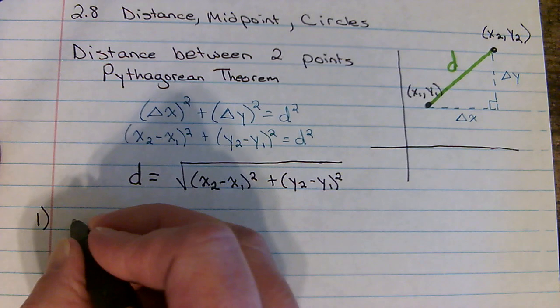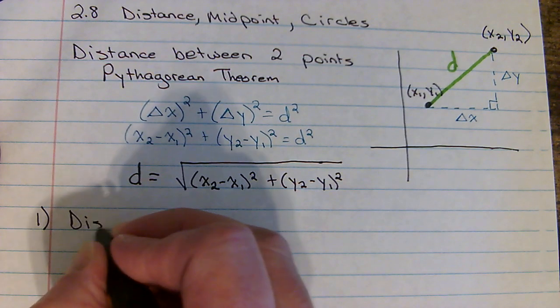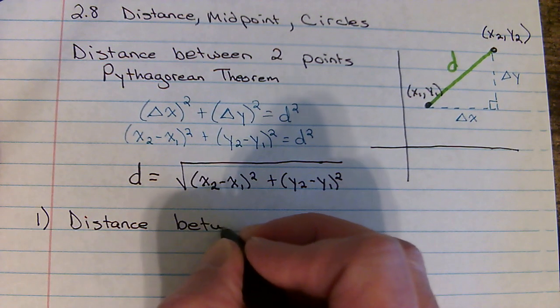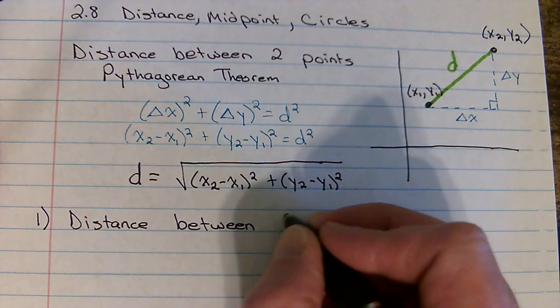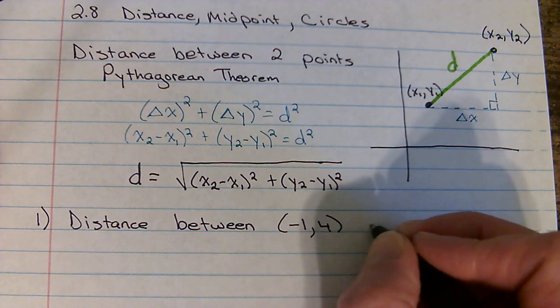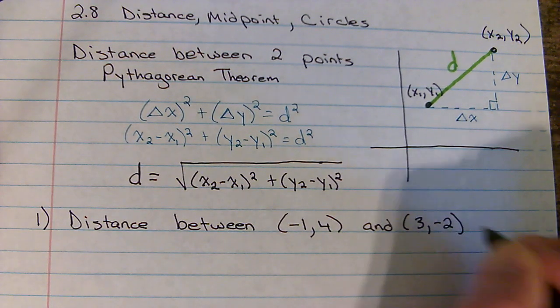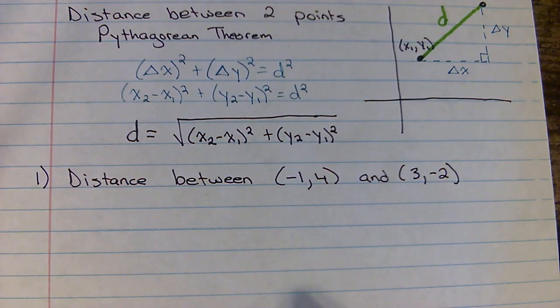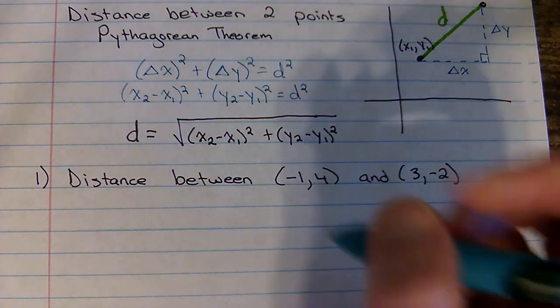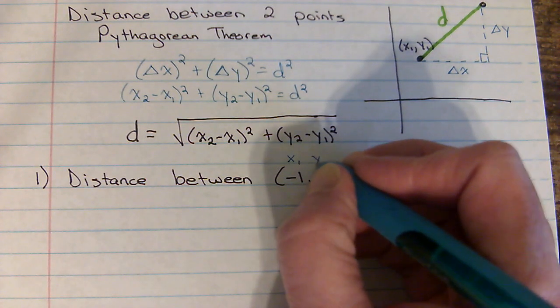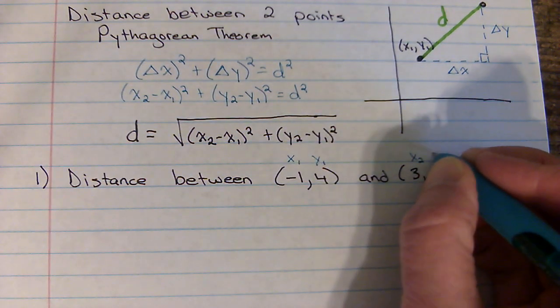Let's practice. Let's say we're finding the distance between -1, 4, and 3, -2. My points would be x1, y1, x2, y2.